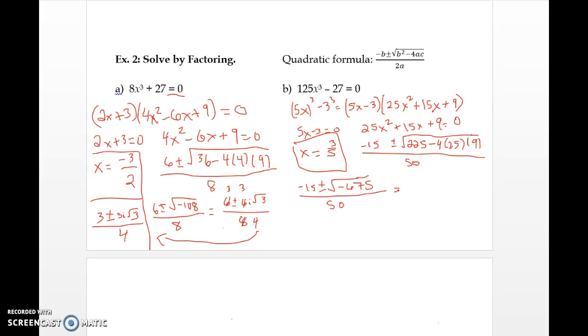And I can break 675 down to negative 15 plus or minus 15i root 3 all over 50. And I can simplify all my outside numbers. I can take a 5 out of all of them.